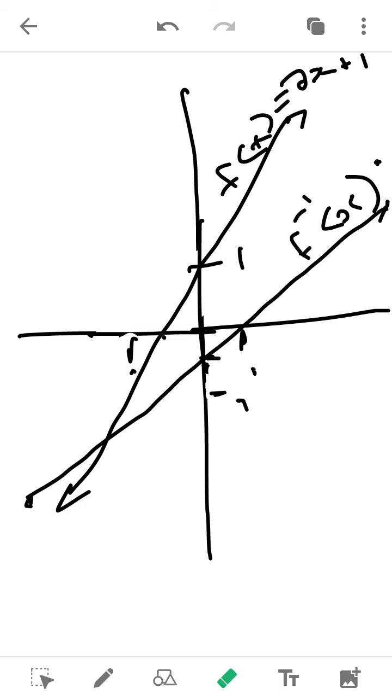Let me write it in the smallest form. This is the graph of the inverse of f of x, which is equal to half x minus half. You see, that's how we draw the graph of f of x and its inverse.